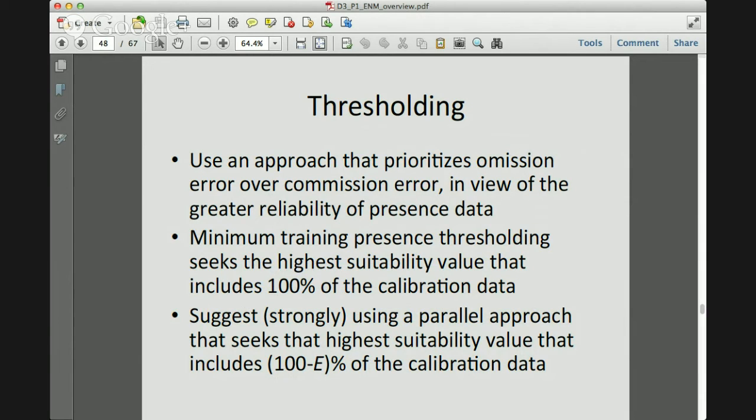You choose that toleration of omission error. You choose the highest suitability value that includes that much of the calibration data, essentially 100 minus E% of your calibration data. And that is a very appropriate way of thresholding your data.